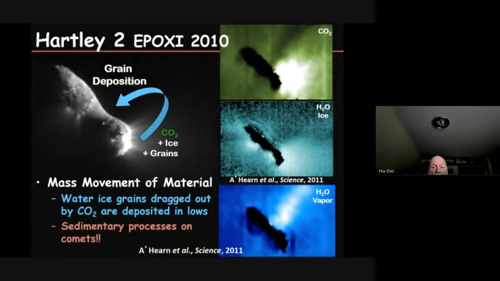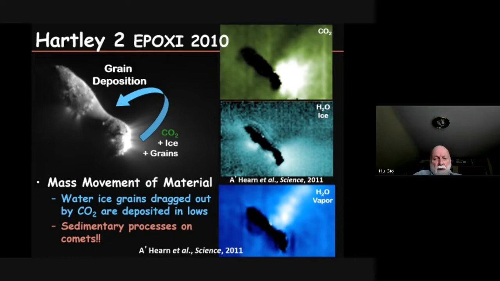Then we had a flyby of Comet Hartley 2 by the same spacecraft, to a second comet. And this was what is called a hyperactive comet. That means a comet which has high production rates compared to the size of its nucleus.